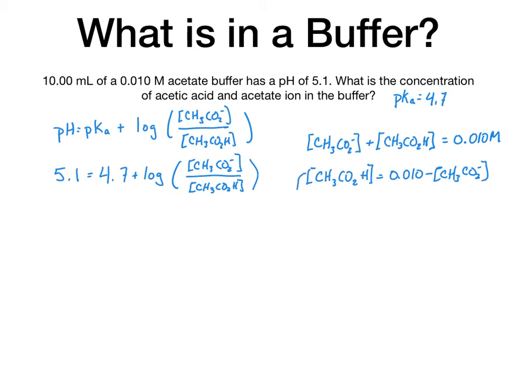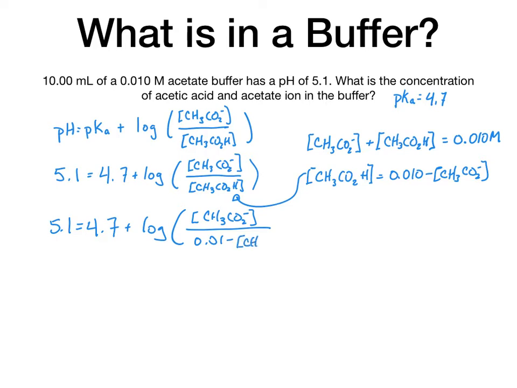So I can plug this in, and I get 5.1 equals 4.7 plus the log of the concentration of the acetate divided by 0.01 minus the concentration of the acetate.